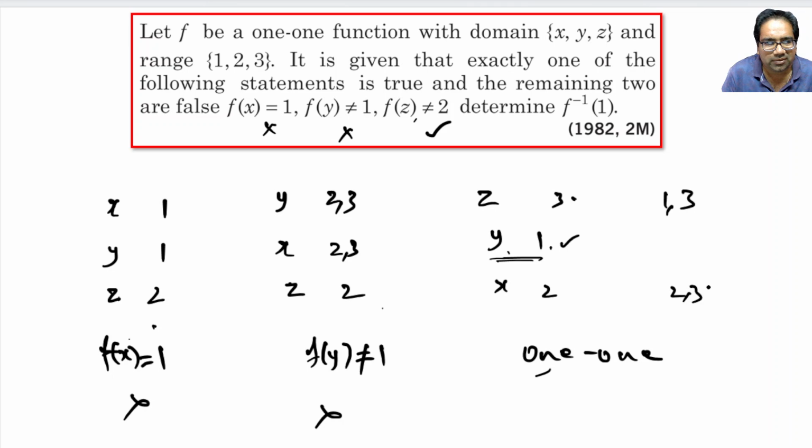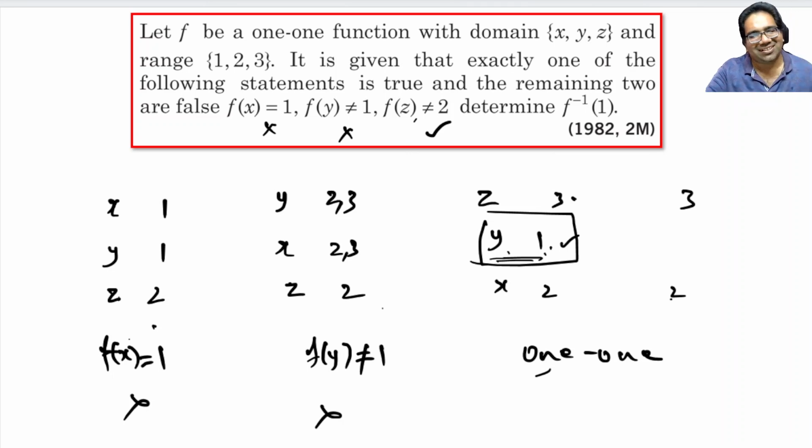When y equals 1, z has to be 3 because 1 is already taken, and x can be 2 or 3. z is already 3, so x has to be 2. Right, guys? So f inverse 1 is actually y. This is the only condition that is satisfying. If this statement is true and the remaining two are false, we are able to establish a one-to-one mapping. Very simple problem based on logical interpretation only. Right, guys? Thank you.